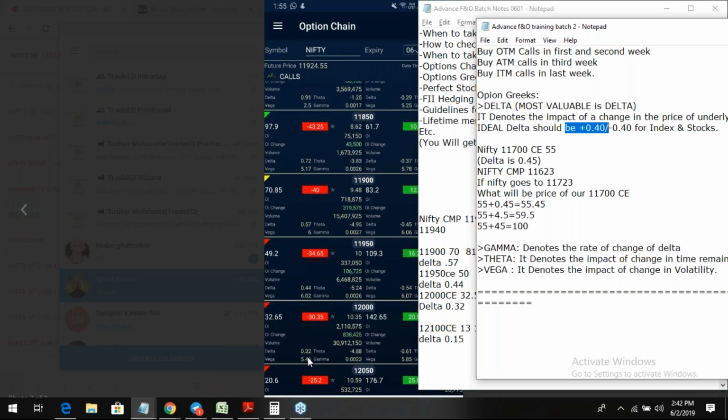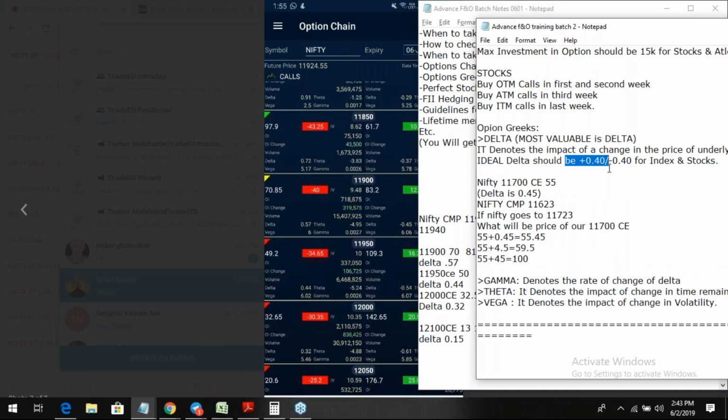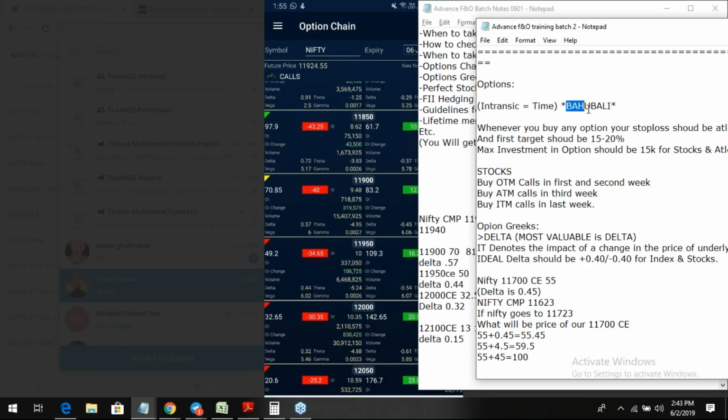Boss, if Nifty goes up, you still will not get more money. You will be in trouble because you don't have intrinsic value and time value. These are the two Bahubalis.